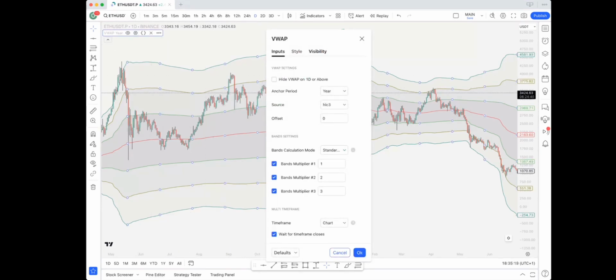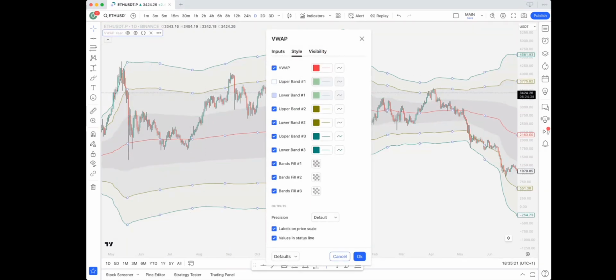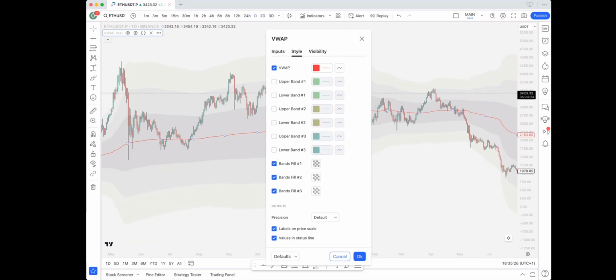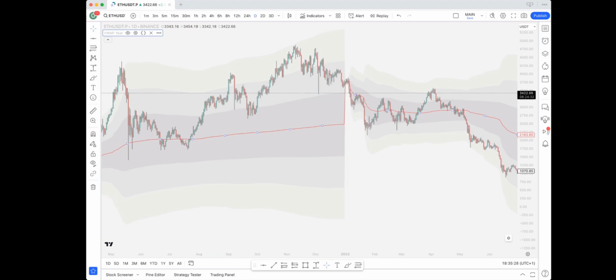VWAP is nuts. It definitely is. So the next thing we want to do is look at how you can trade with VWAP when the market is either ranging or trending. Okay. So it's ranging, aka just consolidating.